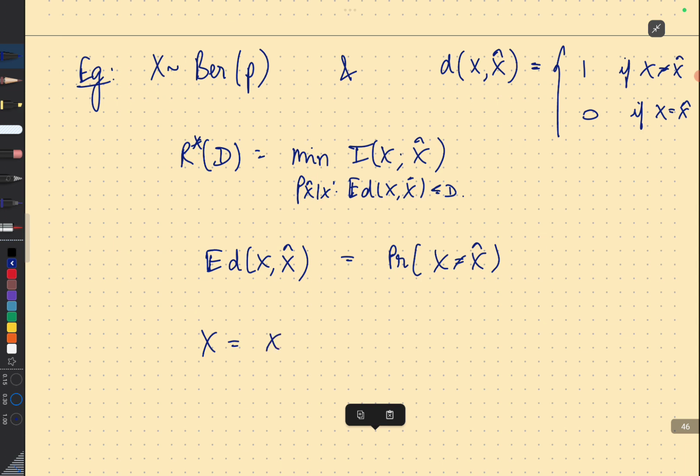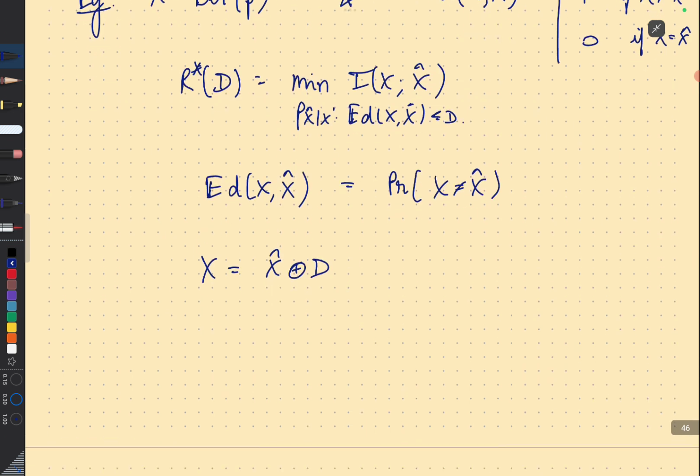I'll write x as x hat XOR z, all right, where this z is a Bernoulli d random variable.